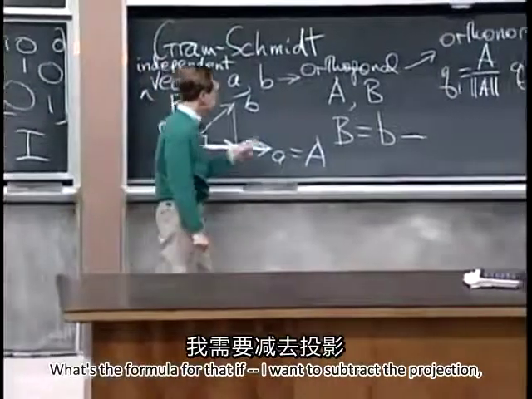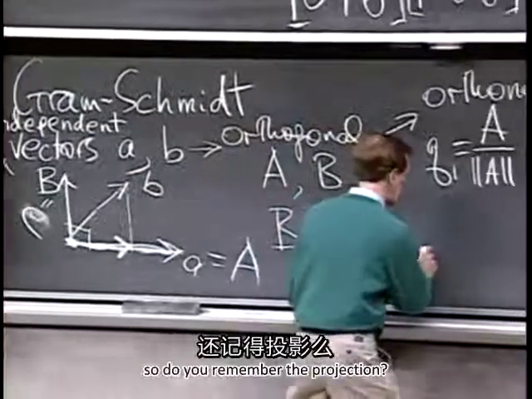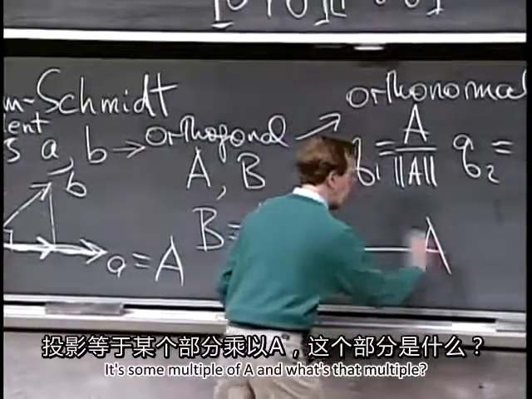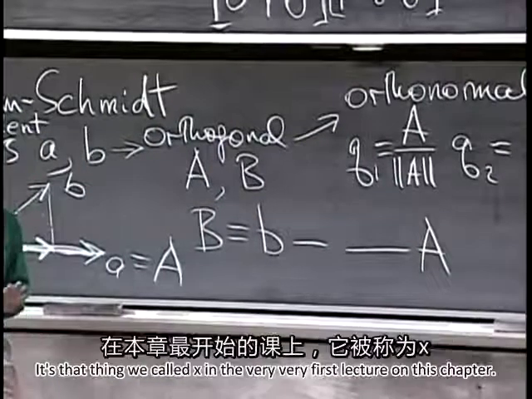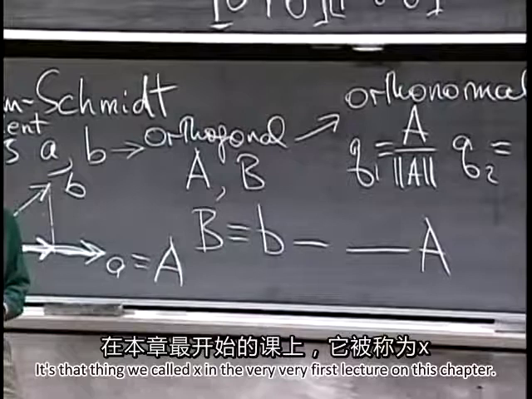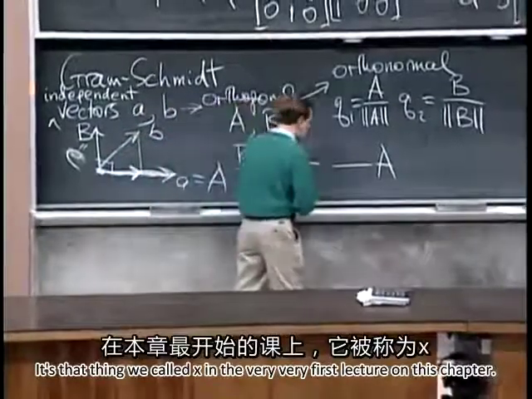What's the formula for that? I want to subtract the projection. So do you remember the projection? It's some multiple of A. And what's that multiple? It's that thing we called X in the very first lecture on this chapter.